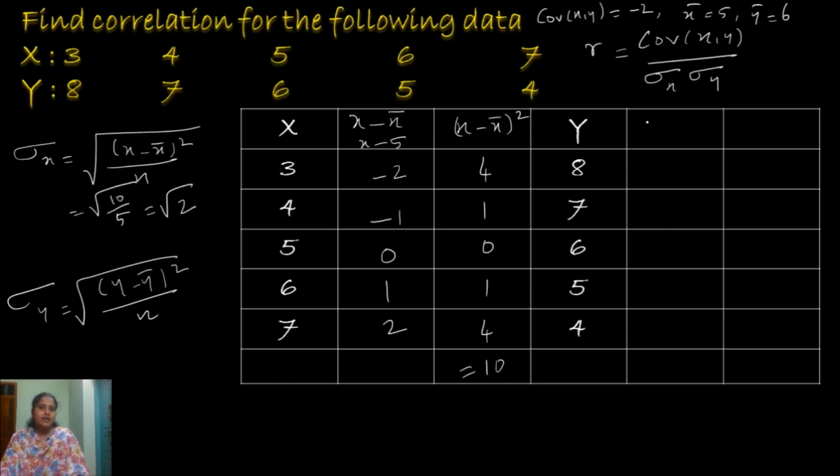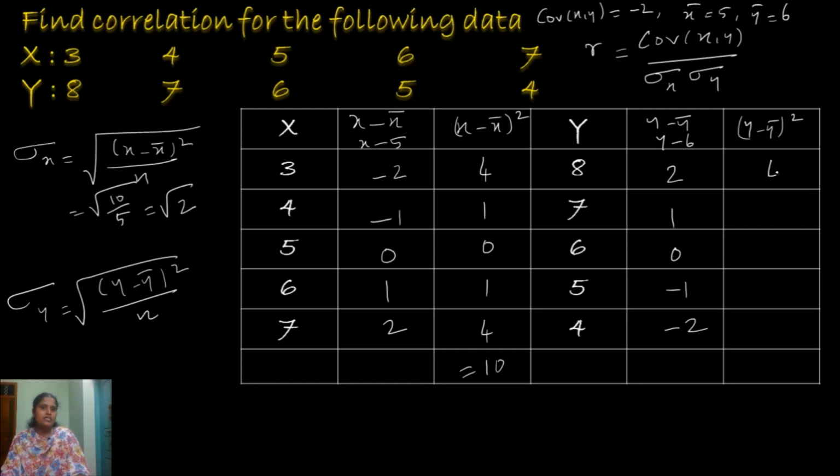Like that, I have to calculate the value of y minus y bar first. Here y bar is 6 and then I have to make the square of that value. So now subtract all values of y minus 6. We get 8 minus 6 2, 7 minus 6 1, 6 minus 6 0, 5 minus 6 minus 1, 4 minus 6 minus 2.